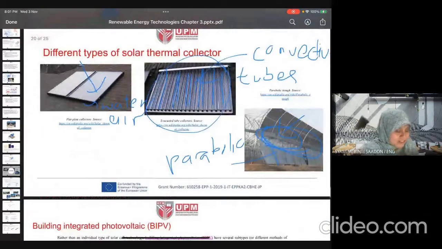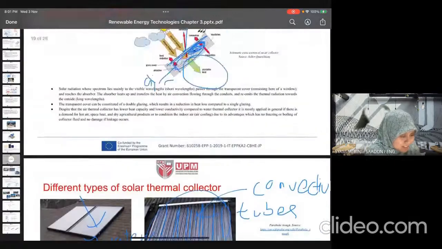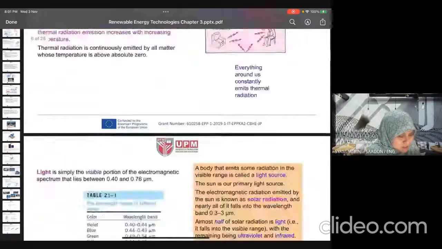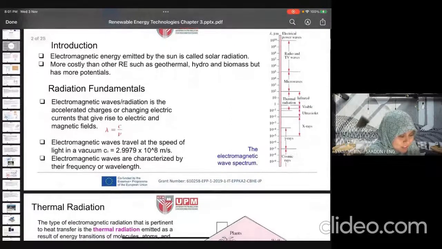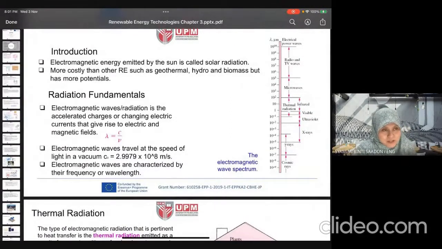Actually, it's already okay, so I'll summarize the content of this chapter. At the beginning, we looked at the process of the transmission of solar radiation, basically the transmission of solar energy from the sun to another form of energy. It applies the radiation heat transfer process.